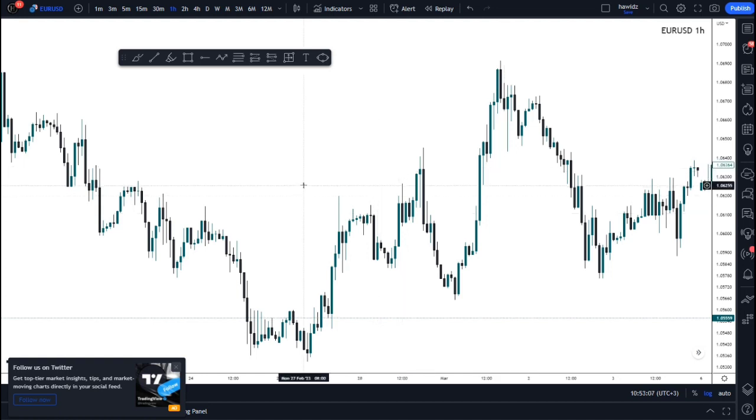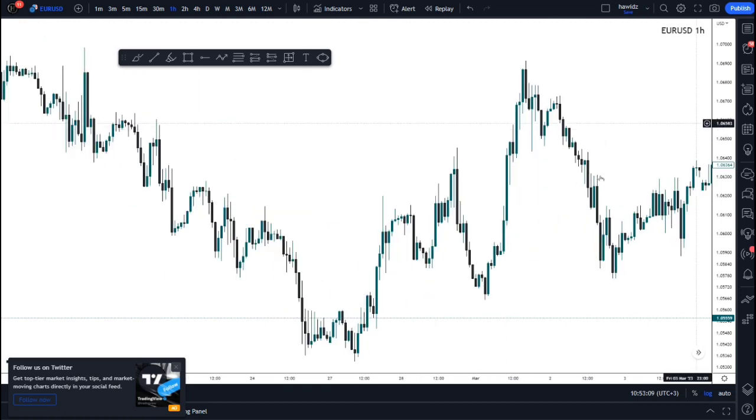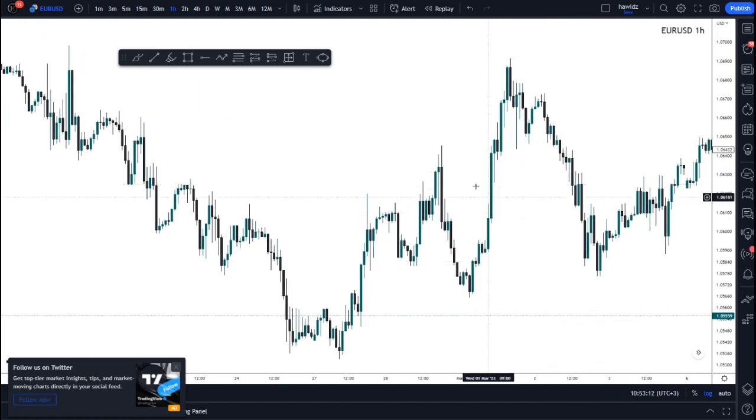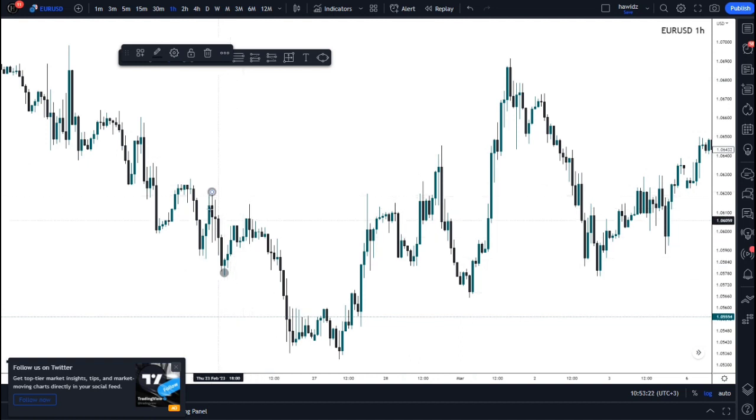So with this current price action, with this information that we're seeing here, you can now clearly see that we were formerly in a bearish trend, right? Price made a lower high, lower low, lower high, lower low right here.